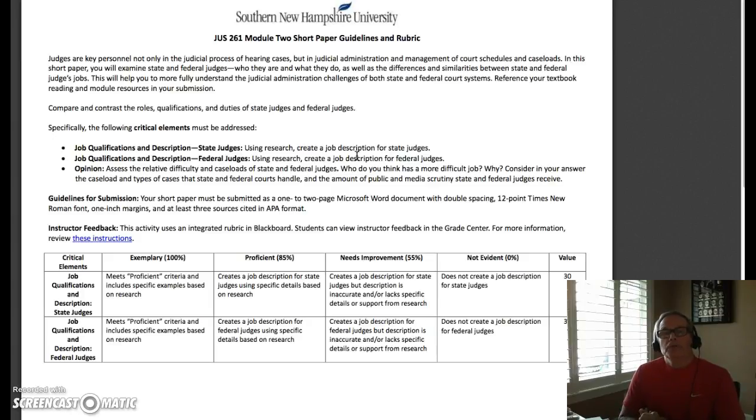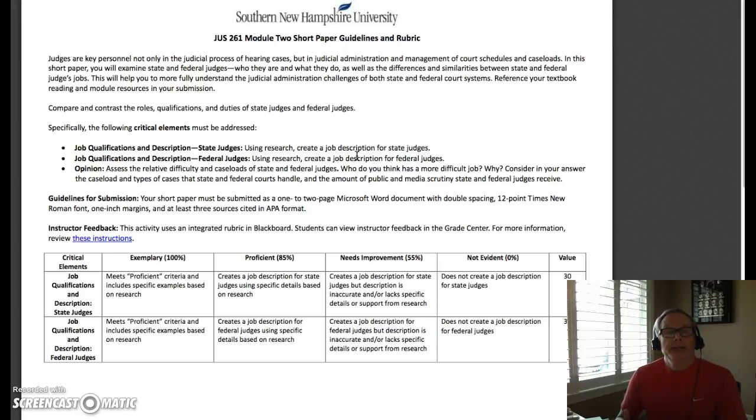So what you may want to do is, for example, choose judges from your home state, evaluate them, look at what the job description is, the criteria is as you prepare for this assignment, or you can branch out and go to a state that you're curious about and see how that court system is set up, okay?